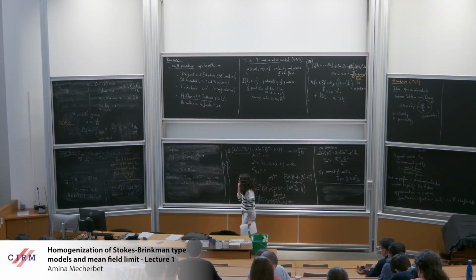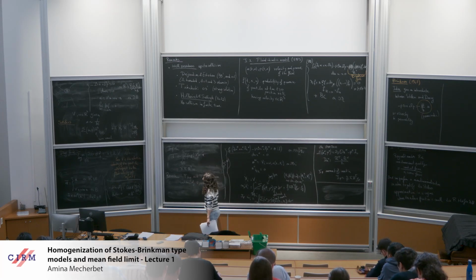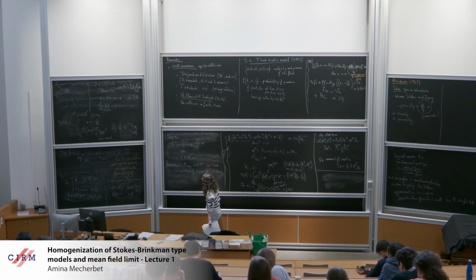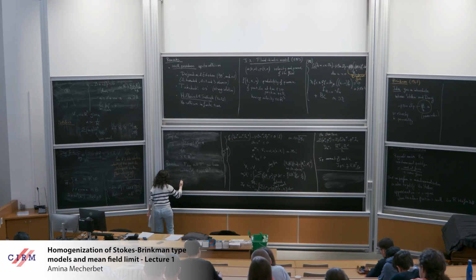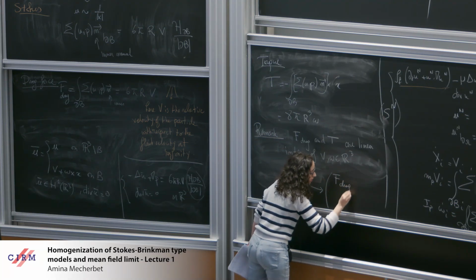And since both are vector constants, this means that you can construct a matrix which associates to each linear and angular velocity the associated drag force and torque.